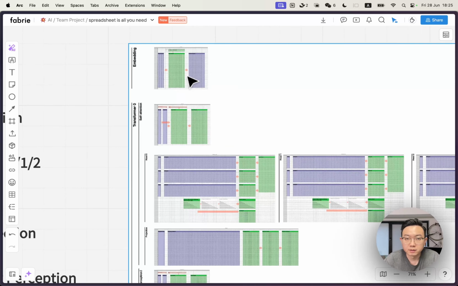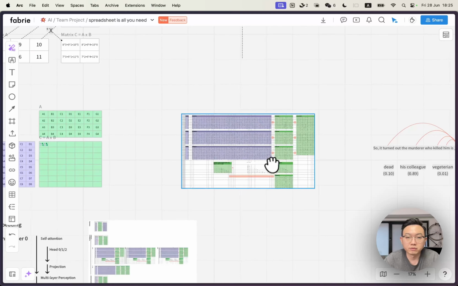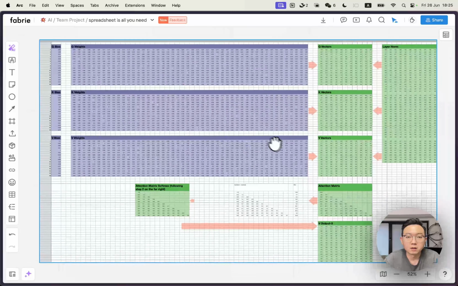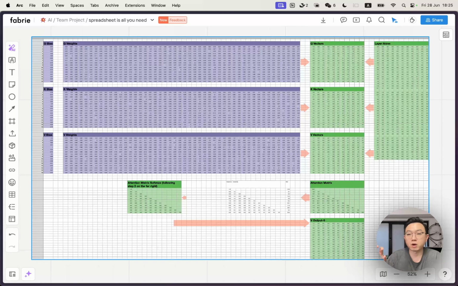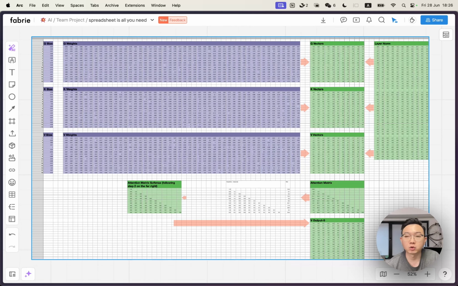The way to read these tables is, if you look at this one, this is a snippet of the very core part of the transformer, which is the self-attention section. In these tables, you will see purple and green matrices, and these are the matrices that are used to do the calculations.